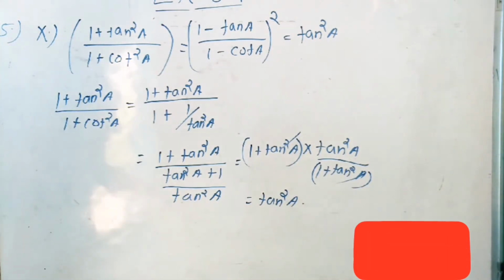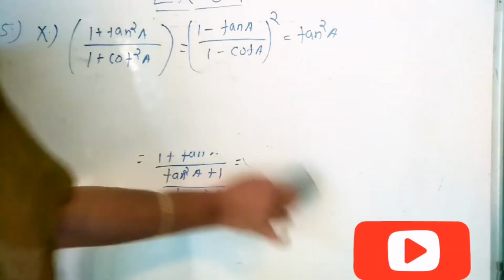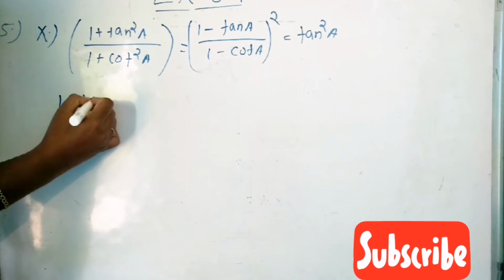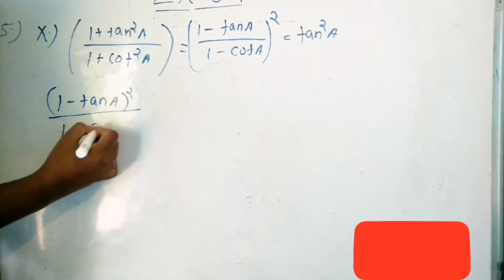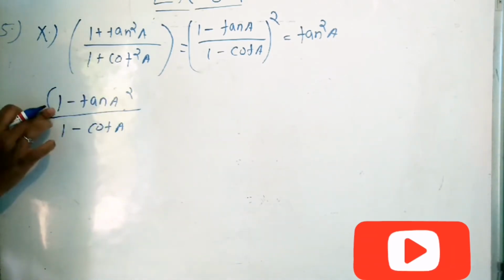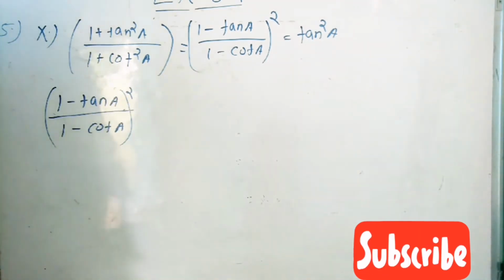Now we will consider the second one: ((1 minus tan A) divided by (1 minus cot A)) all square.